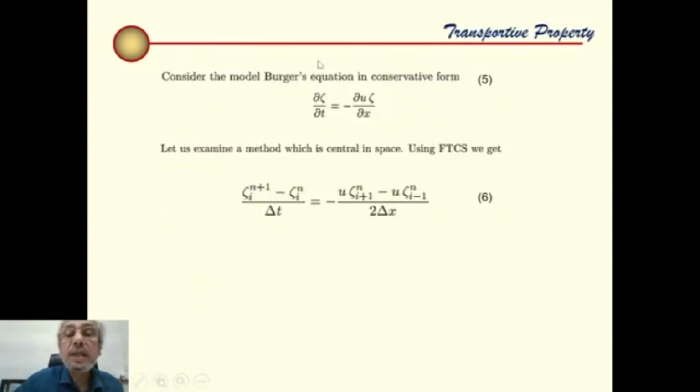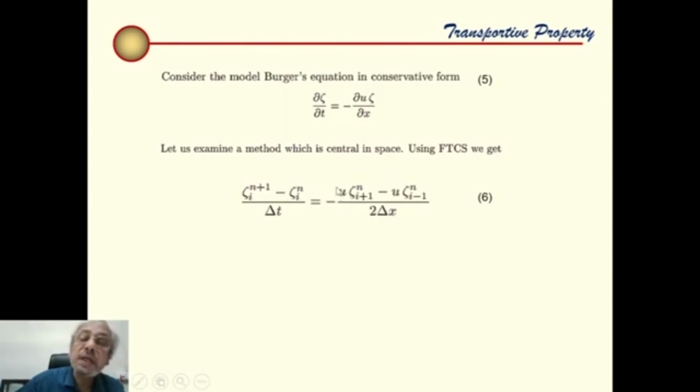So consider again the model Burger equation, as I said. Only we will consider the temporal term and the convective term. Del zeta del t equals minus del x of u zeta. And if we go for FTCS, u I am not writing specifically at i plus 1.